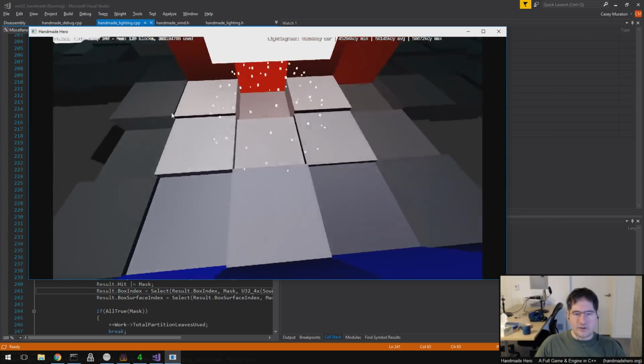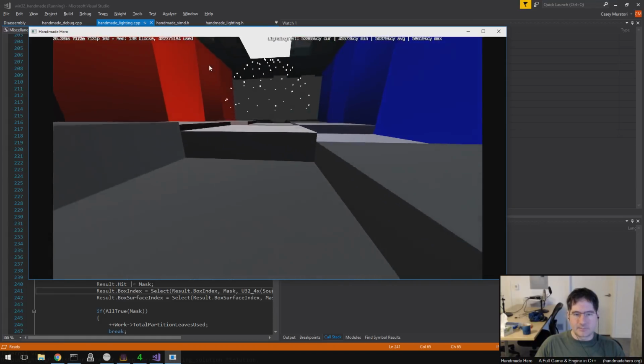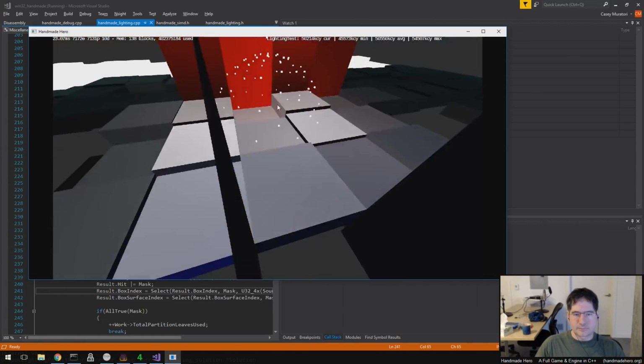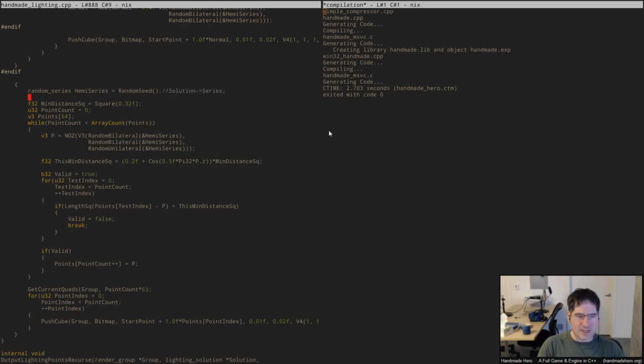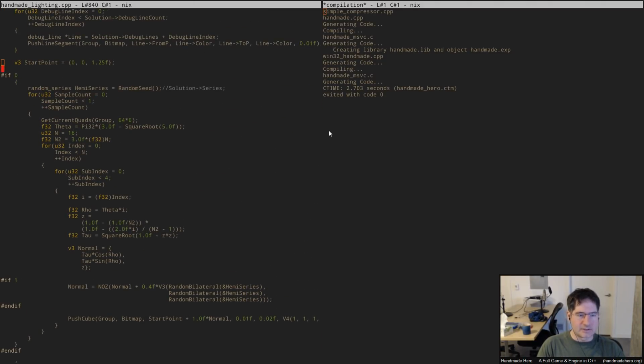So there's our clumping that's a little bit tighter now, right? And off we go. So let's try repeating this process, doing the whole sample count thing.